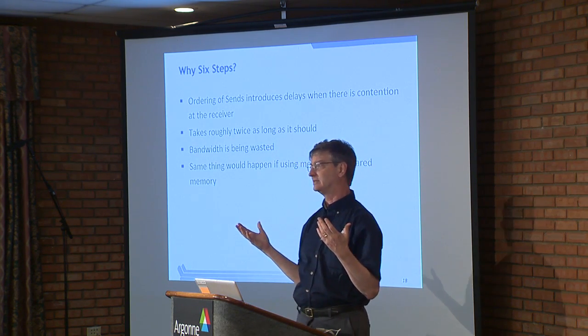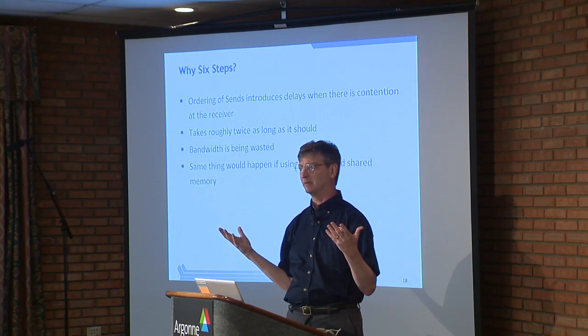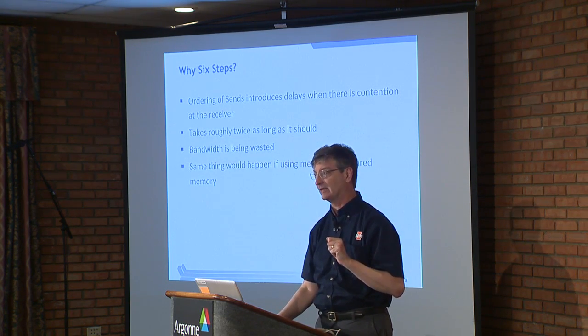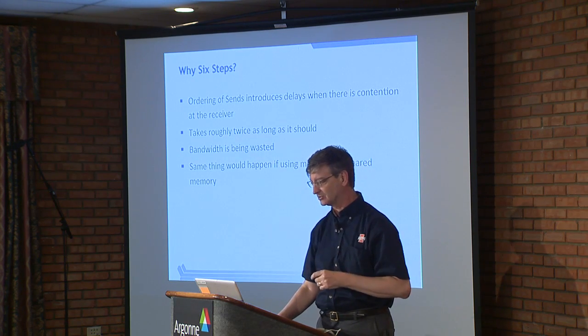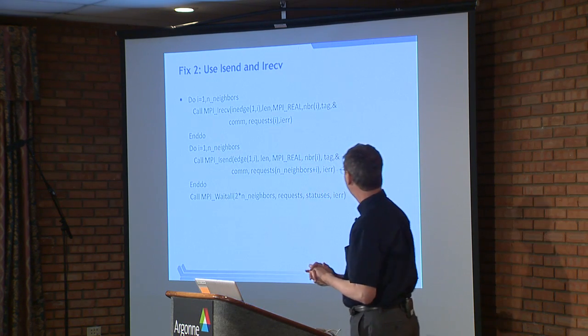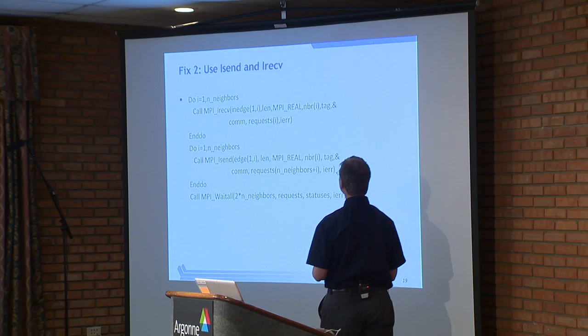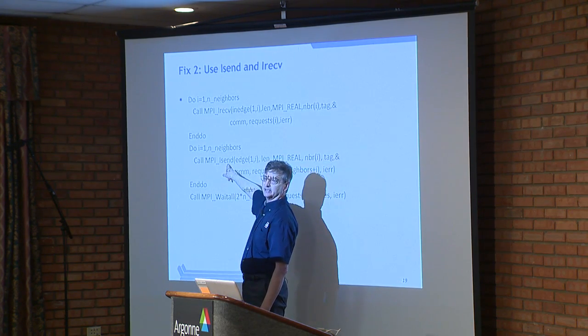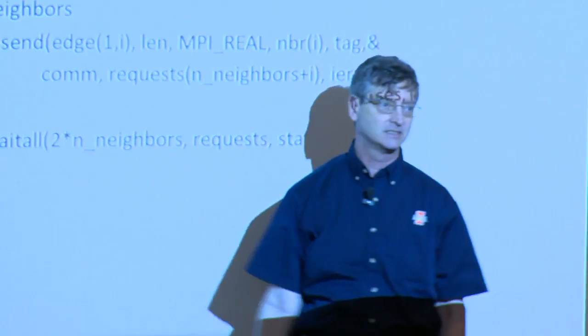What you need in that case is effectively a non-blocking memcopy, which some PGAS models have added because otherwise you get this sort of problem. Okay, so the fix is to just break down and use a non-blocking send instead of the blocking sends.